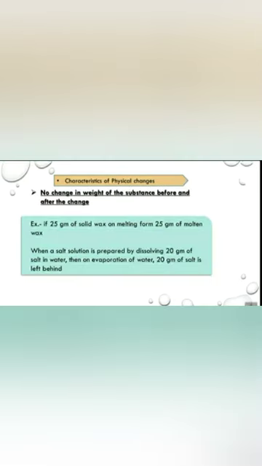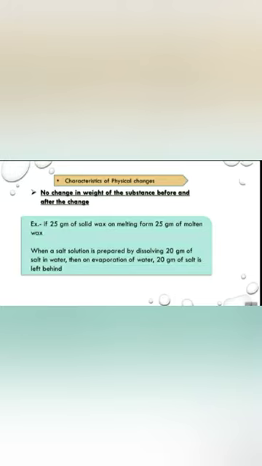No change in weight of the substance before and after the change. For example, if 25 gram of solid wax is heated, then on melting it forms 25 gram of molten wax. So wax in solid as well as in molten state has the same weight, that is 25 gram.